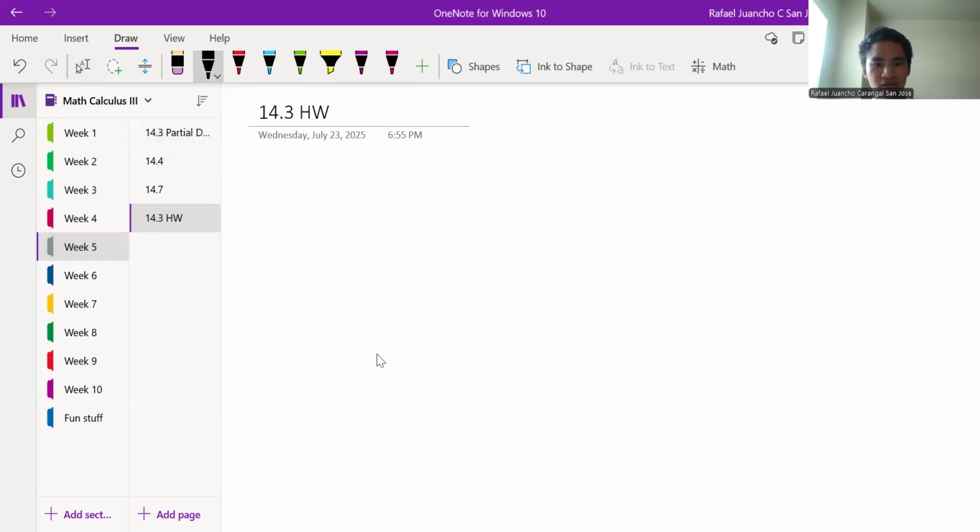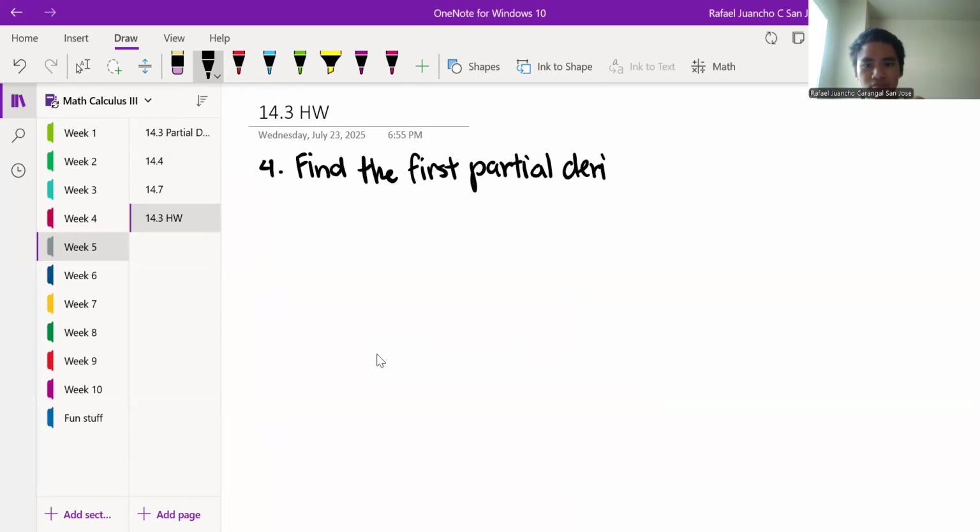Okay, one of the items here, goes to number 4. Here we're being asked to find the first partial derivatives of a particular function.